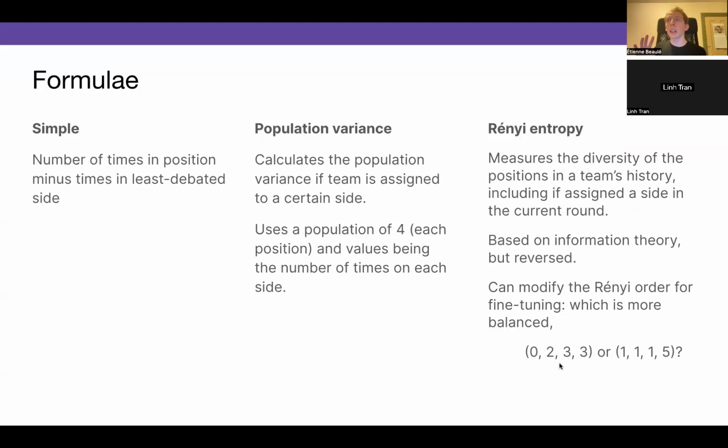And then we can decide whether this one is more in balance, or this one, where you see there's equilibrium between these three, but then this one which is lower, or here where it's 1, 1, 1 and then 5.